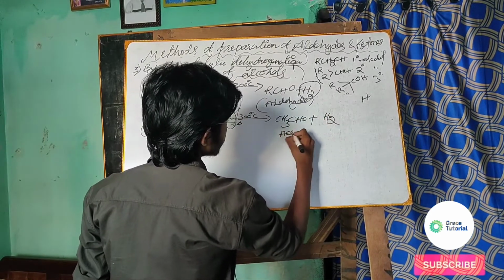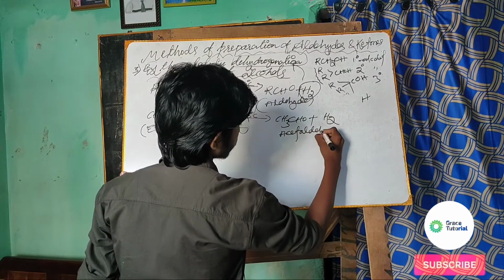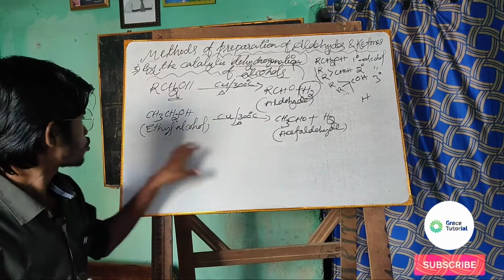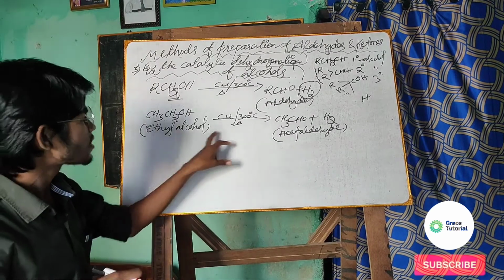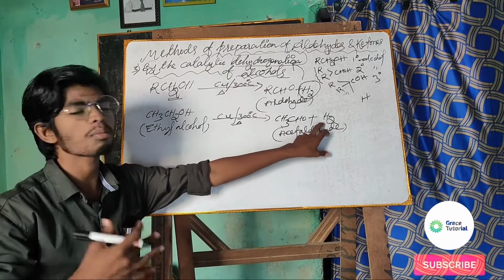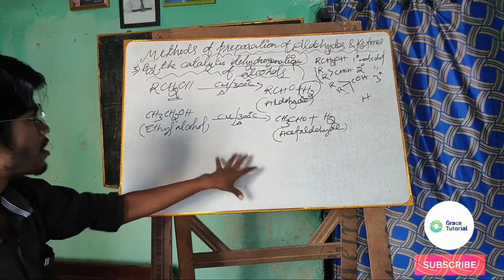This is acetaldehyde. So when ethyl alcohol gets heated with copper at 300 degrees centigrade, acetaldehyde results with the removal of hydrogen. So this is the specific example.